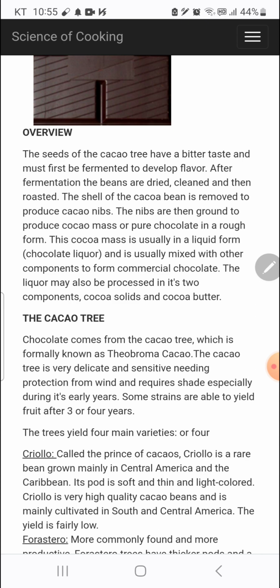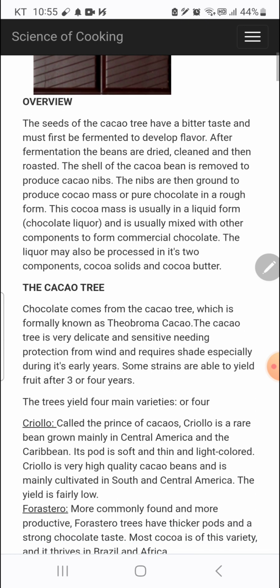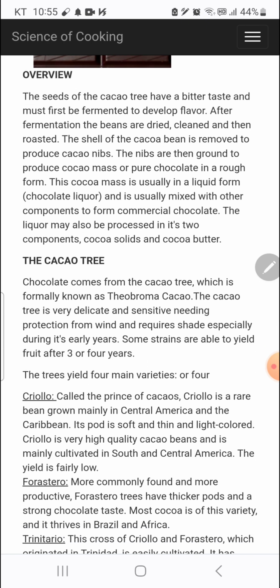This cocoa mass is usually in a liquid form, chocolate liquor, and is usually mixed with other components to form commercial chocolate. The liquor may also be processed into its two components, cocoa solids and cocoa butter.